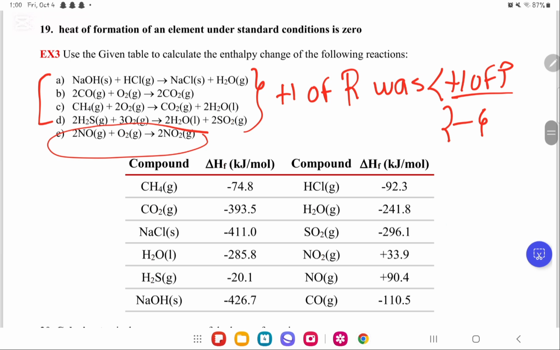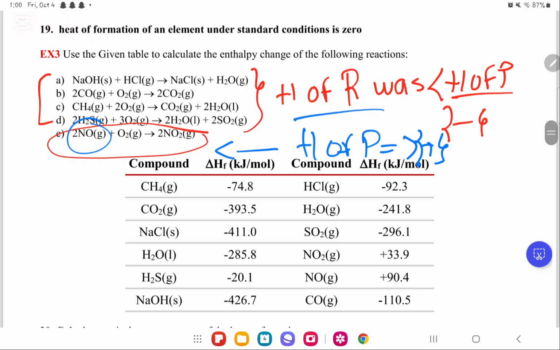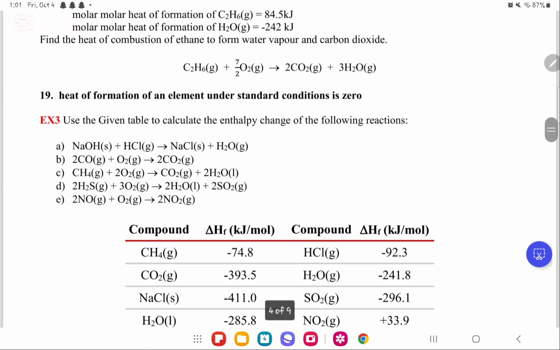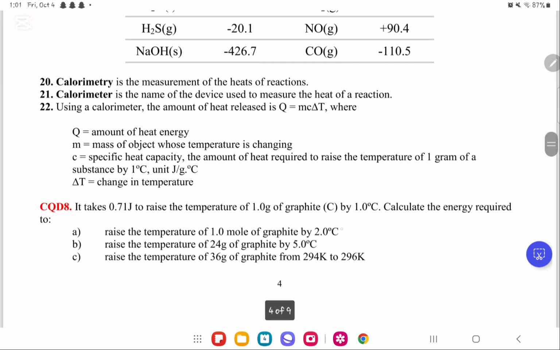But in E, the heat of products was positive. So then the heat of our reactants was bigger. So here in E, heat of reactants was greater than heat of products. So then what can we say? We can say that the heat of products minus the heat of reactants was definitely a negative number. So that was for exercise number 3.